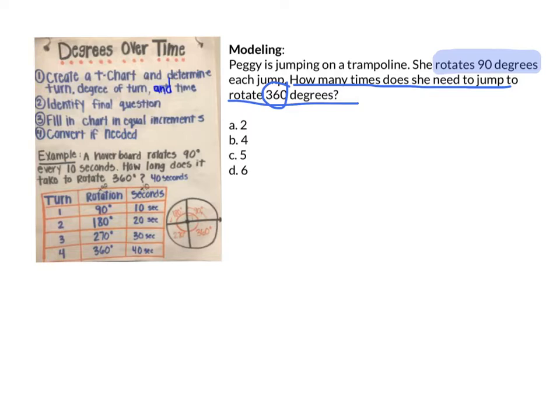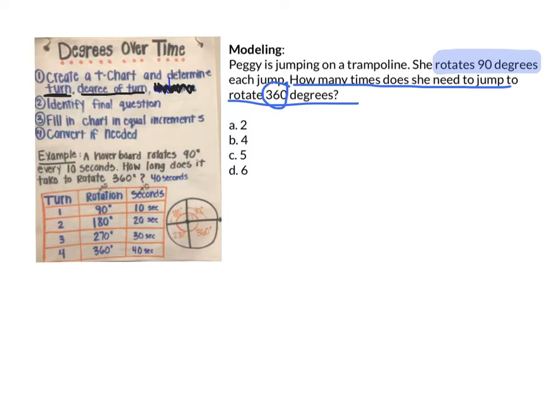Our first step tells us to create a T-chart and determine turn, degree of turn, and time. For today, we are only going to be focusing on turn and the degree of turn. We are not going to be looking at time today, but we will tomorrow.